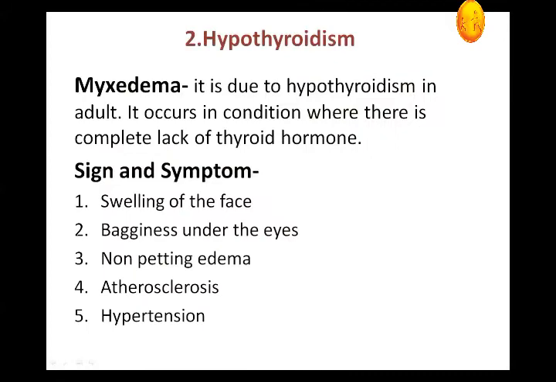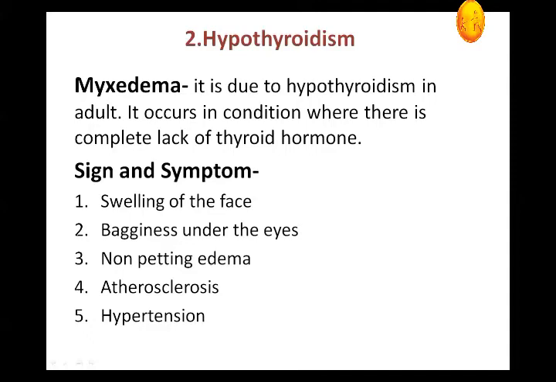Hypothyroidism. Hypothyroidism means decreased thyroid hormone level below normal. It is divided into two parts, in adults as well as in children. When it is seen in adults, it is called myxedema. A short note may be asked on myxedema. Myxedema is due to hypothyroidism in adults.